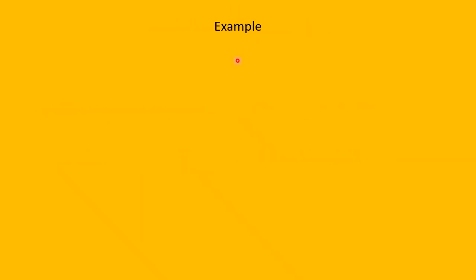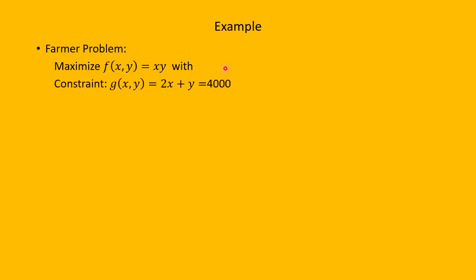As an example, let's consider again the farmer problem. We wanted to maximize the area of a rectangular field, and if the dimensions are x and y, the area of the field is x y, so that's what we want to maximize. And we had a constraint, 4,000 yards of fence, and so we wanted 2x plus y to equal 4,000.